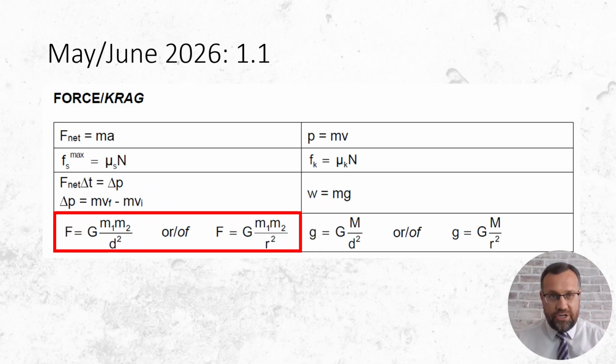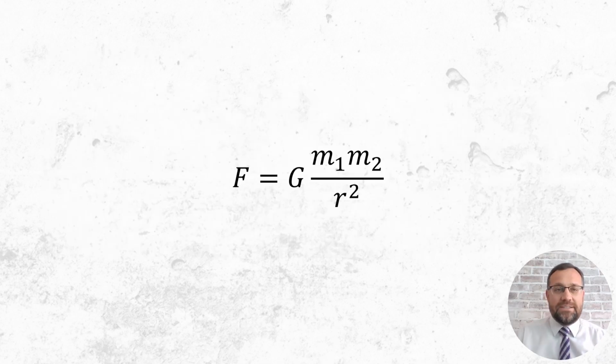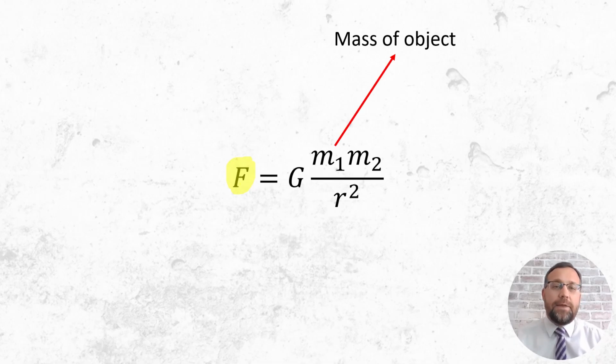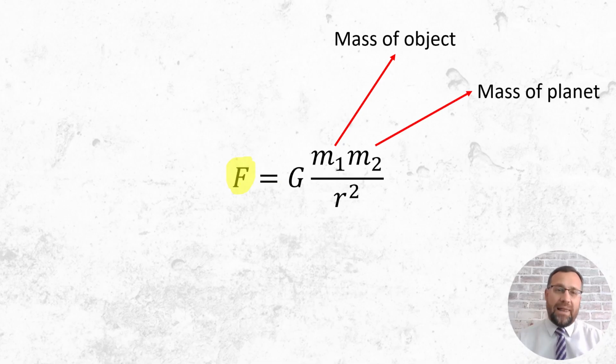On your formula sheet, you will find the equation representing Newton's universal law of gravitation. Now let's look at this equation. You can see that the gravitational force represented by F is directly proportional to the mass of the object as well as the mass of the planet.